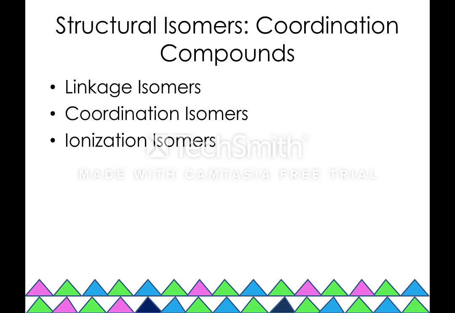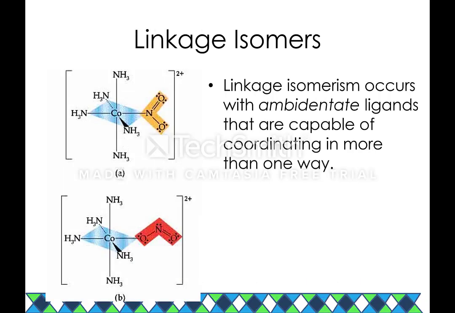Okay, just to finish up isomers of coordination compounds, we can also have structural isomers of coordination compounds. The 3 main types are linkage, coordination, and ionization isomers. Linkage isomers happen when we have ambidentate ligands. Remember, ambidentate ligands are ligands that can donate from 2 different atoms.